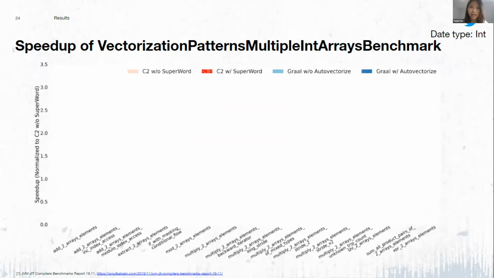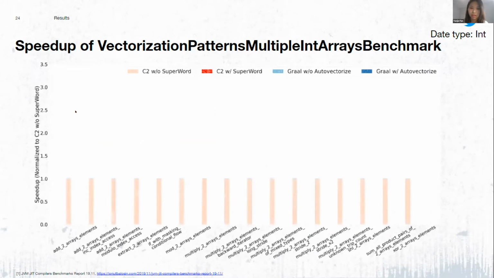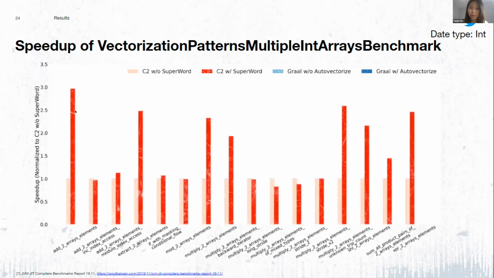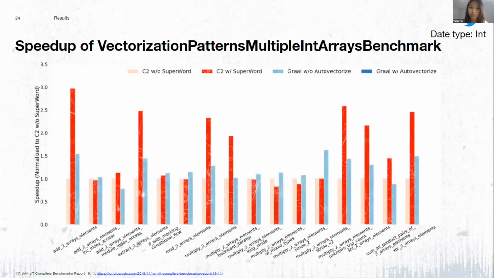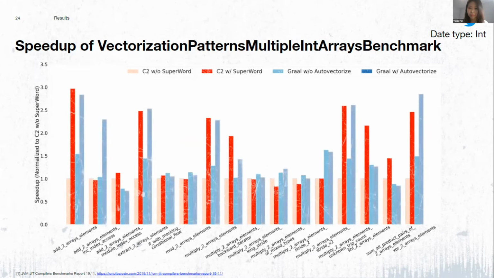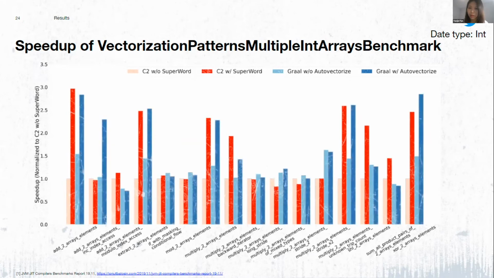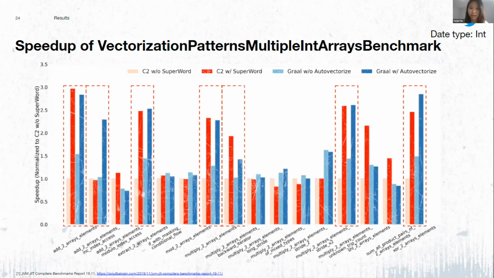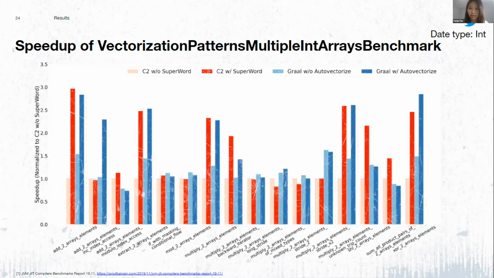The next slide is similar, but this benchmark is for multiple integer array benchmarks. We can see similar patterns here, where C2 with superword could have better performance over C2 without superword on some of the workloads. And our Graal with auto-vectorize could also detect those patterns for most of the cases, highlighted in the red box.